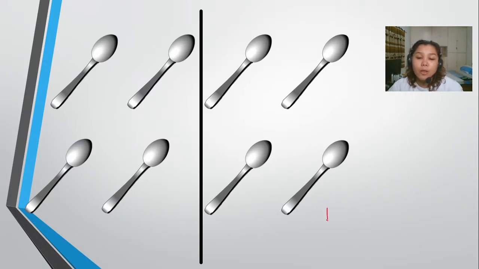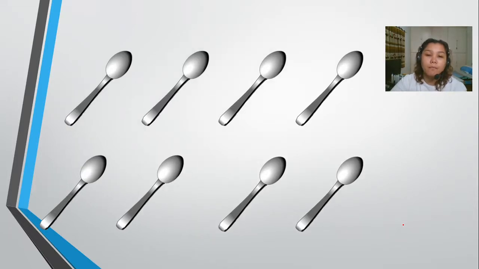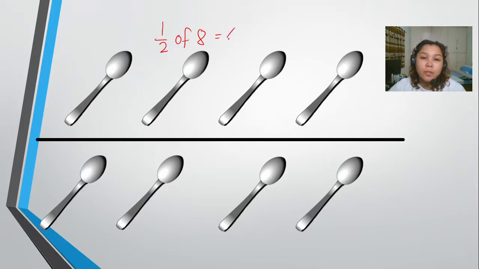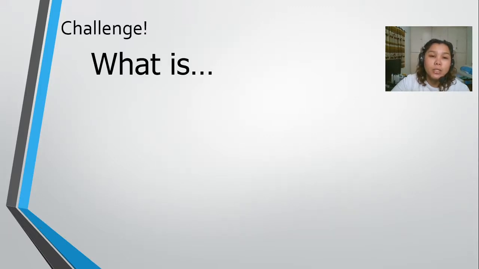So, if we have 1/2 of 8, so for each group, there are 4 spoons. Or we can have the other way, pwede naman pahigda. So, 1/2 of 8, still, 1, 2, 3, 4. Sa baba naman, 1, 2, 3, 4. So, there are 4. So, that is how we find 1/2 of given objects.